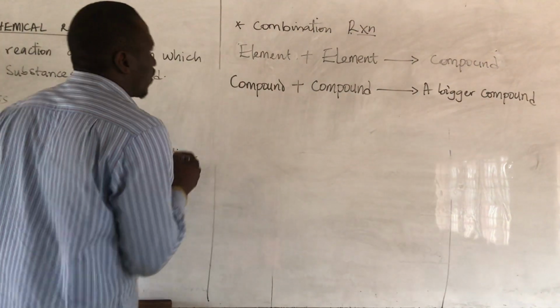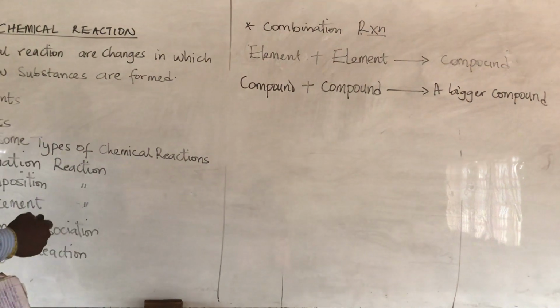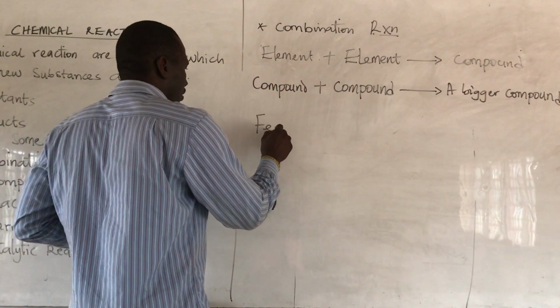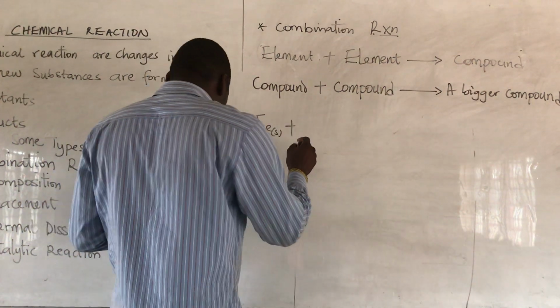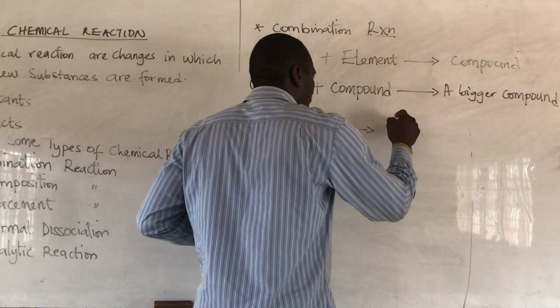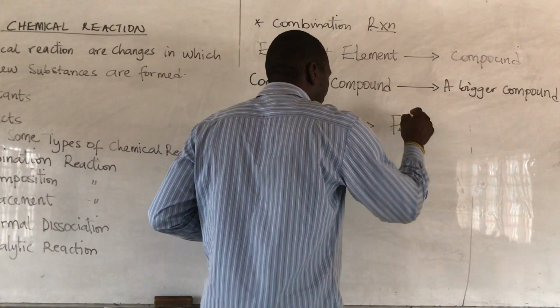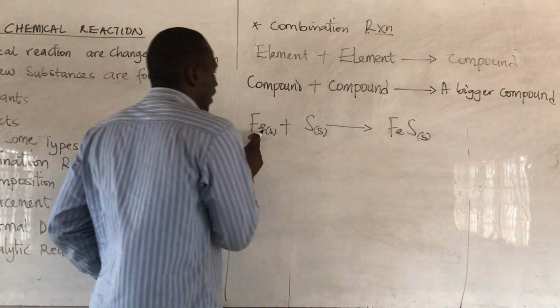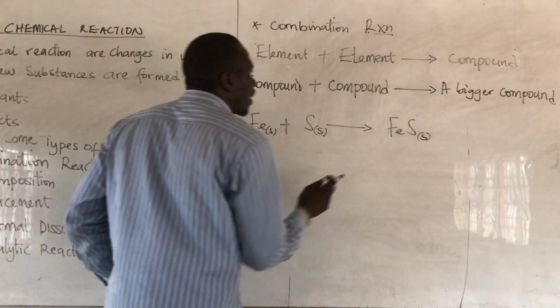Now, let's see an example. An element combining with an element. Let's see iron plus sulfur to give us iron 2 sulfide. It's an example of combination reaction. You can see an element plus an element to give us a compound.